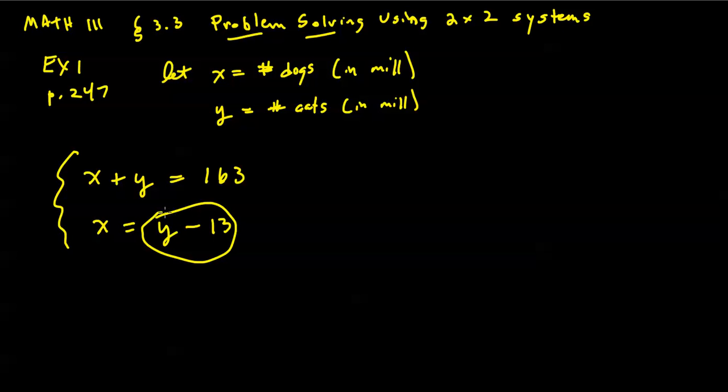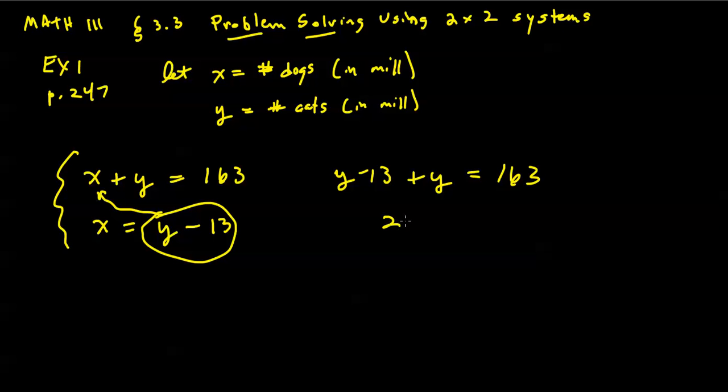It's a simple matter then to substitute y minus 13 for x in the first equation, and I get the resulting equation with one variable, y minus 13 plus y equals 163.